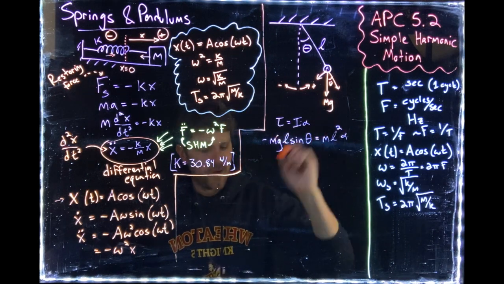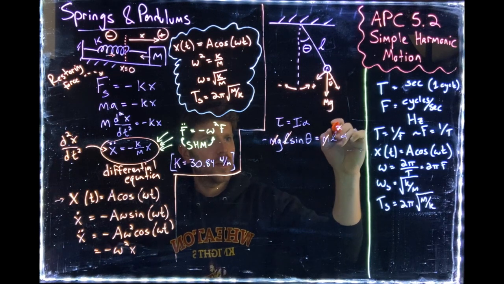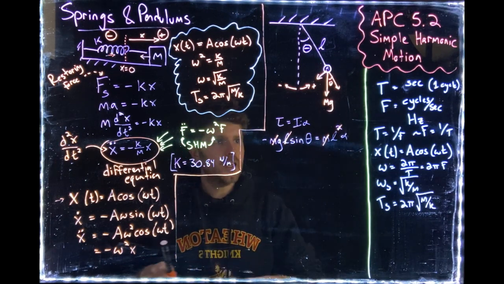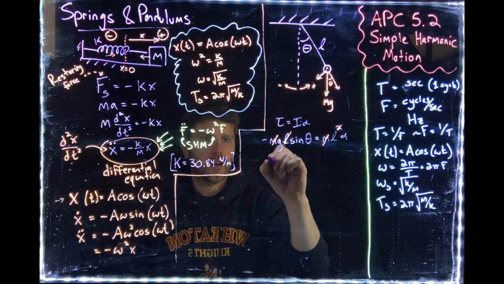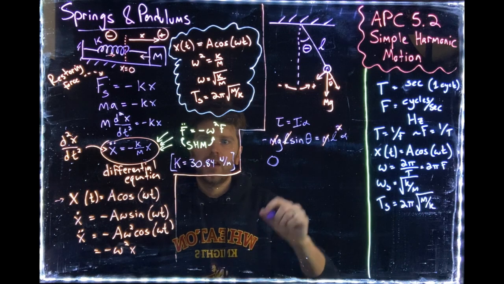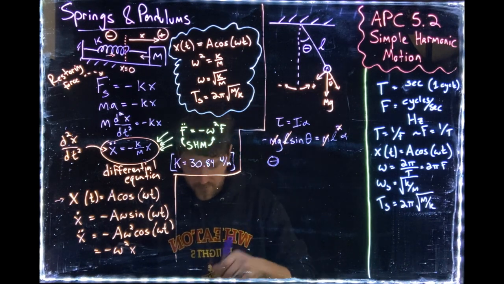So I'm going to do a little bit of cancellation here. My m's go away, as it turns out. The mass of the bob doesn't matter. One of my l's goes away. And I end up with an equation that looks like this. Alpha, and I'm just going to rewrite alpha as, eventually, theta double dot.